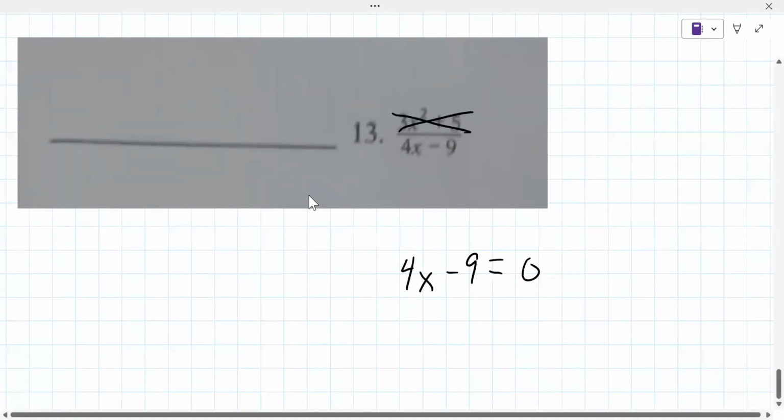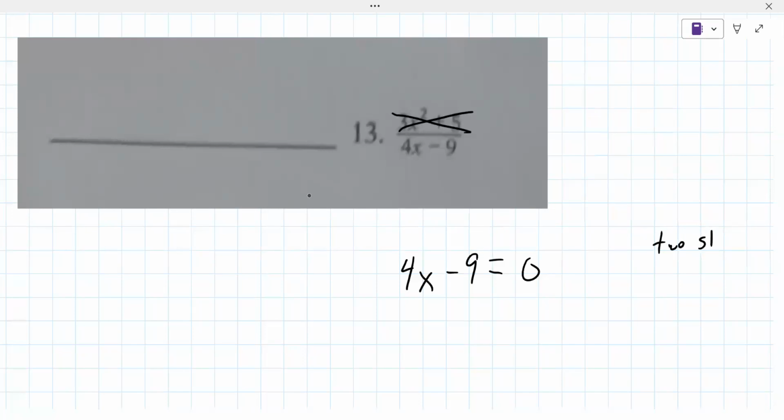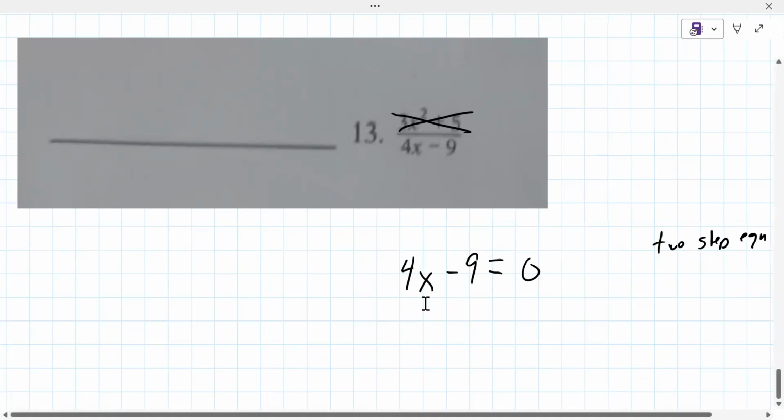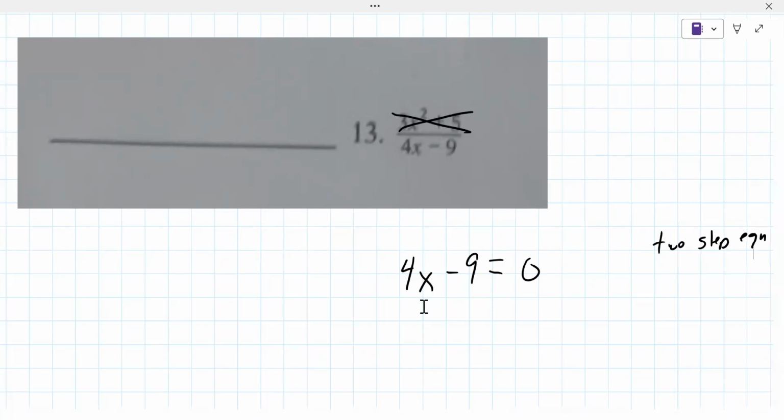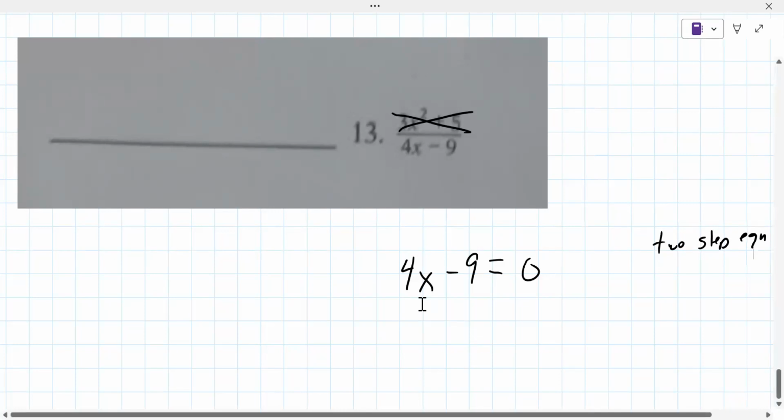Okay, now this is a 2-step equation. So you first undo addition and subtraction, and then undo multiplication and division. So then we would plus 9 to both sides.